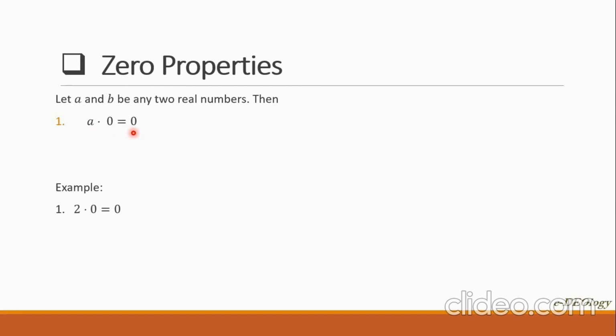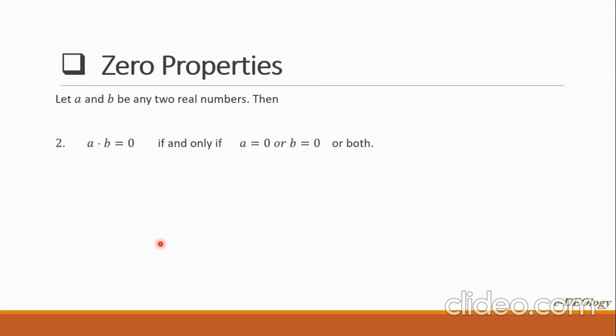One example is 2 times 0 equals 0. Another example is the group x cubed plus 1 multiplied by 0 equals 0. So even though there is a big group here, if we multiply it by 0, the answer will be 0.